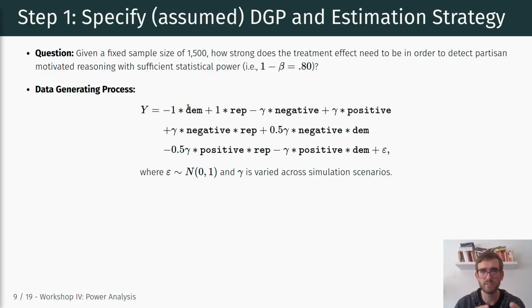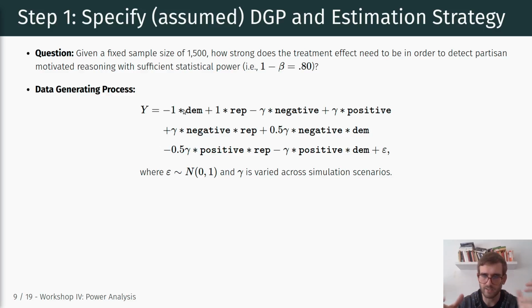The evaluation among Democrats is -1, and the evaluation among Republicans of the government's performance in expectation is +1. So we assume that as the basic baseline of the variation in this outcome variable. It ranges in expectation from -1 for Democrats to 0 for independents to +1 for Republicans.